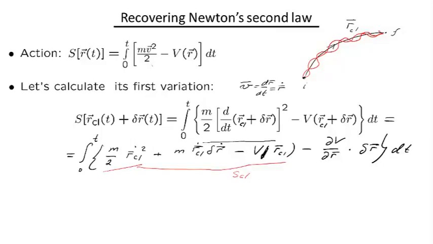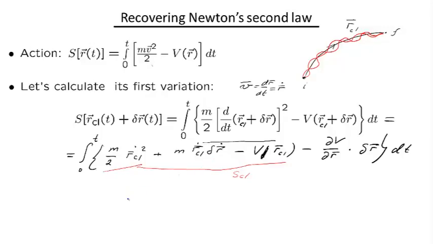Remember, what we want is not the classical action itself, but in some sense the derivative of the action, something proportional to this dr. The only non-trivial term can be further simplified by using integration by parts.